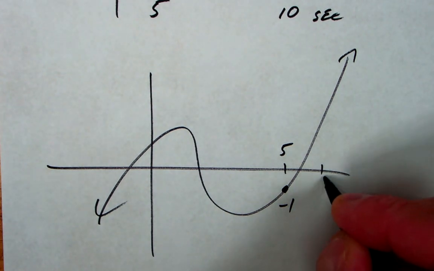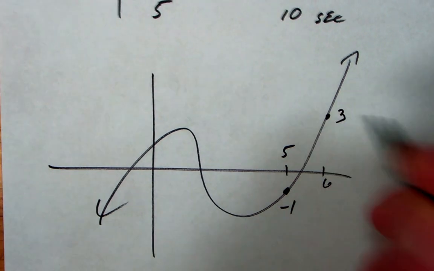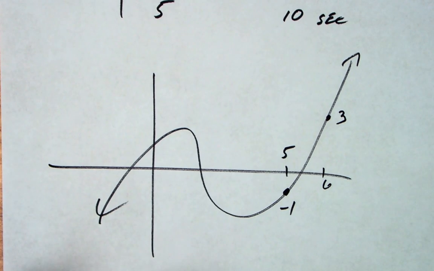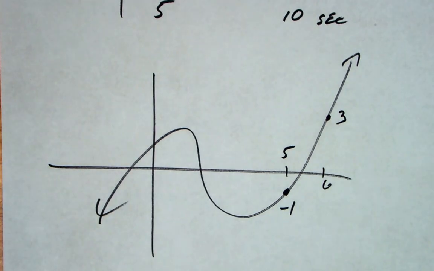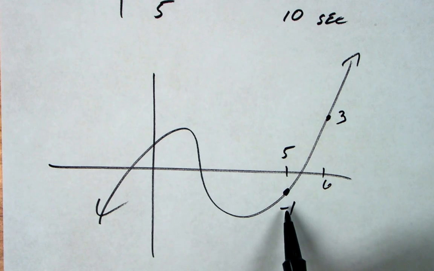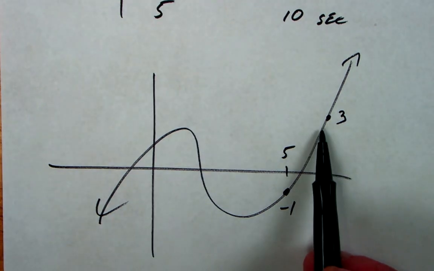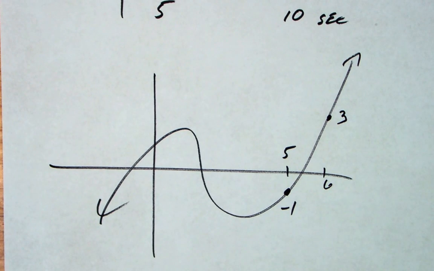And at 6, my result was 3. Then what happens somewhere between 5 and 6? It crosses the x-axis and gives us what's called a 0, or an x-intercept. So if you're looking at a table of values, and I went from -1 all the way up to 3, what conclusion can I make? There's an x-intercept or there's a 0 somewhere between.